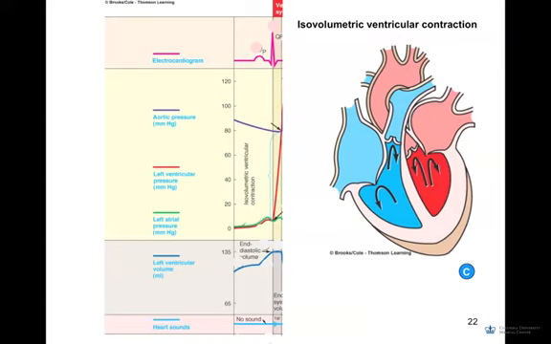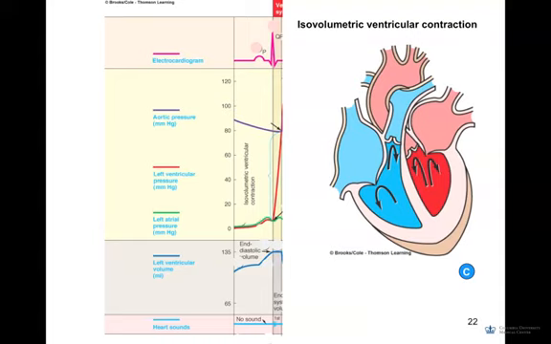Once that AV node fires, it passes the action potential onto the bundles of His and the Purkinje system, okay, and it causes the depolarization of the ventricles. Right? The QRS complex is the depolarization of the ventricles.